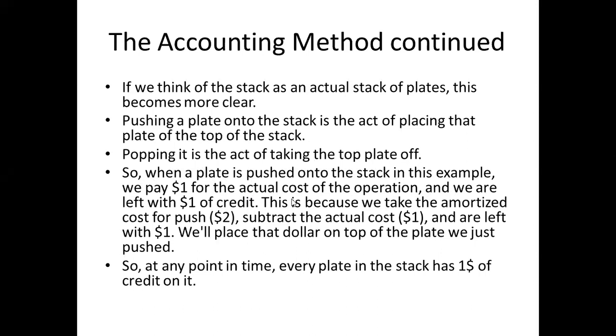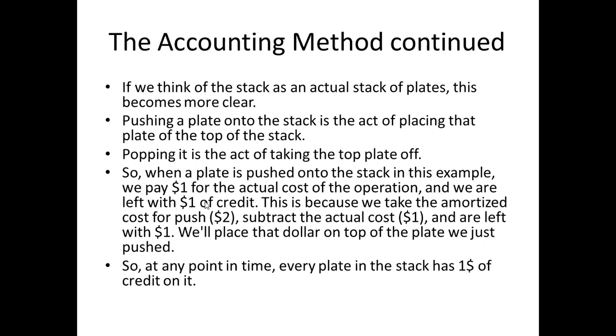That is a credit. This is because we take the amortized cost for push, $2, subtract the actual cost $1, and are left with $1. We will place that dollar on top of the plate we just pushed.